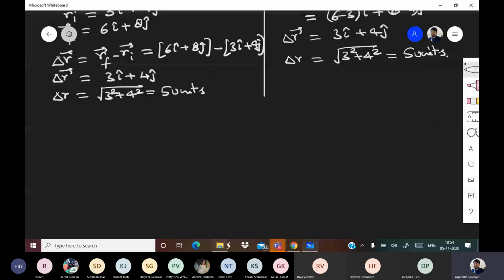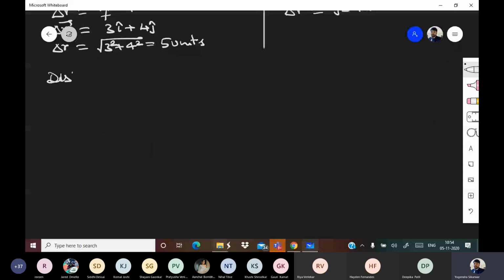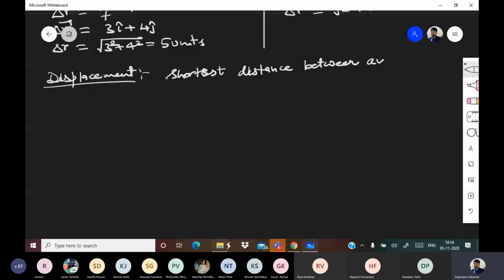Shortest distance between any two points is called displacement. All right. It's a vector quantity.